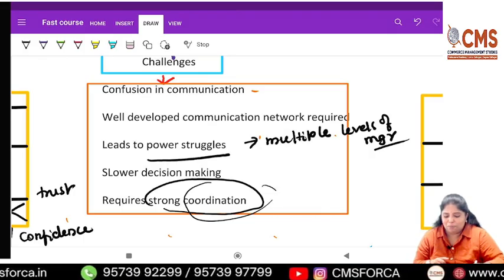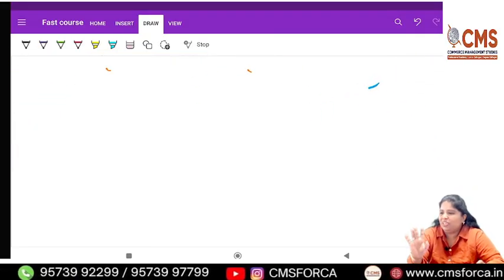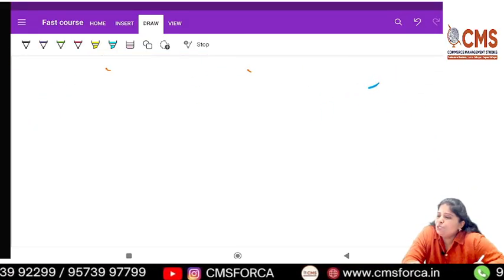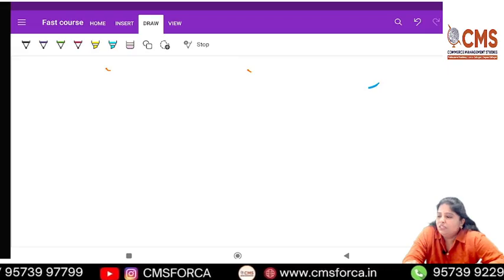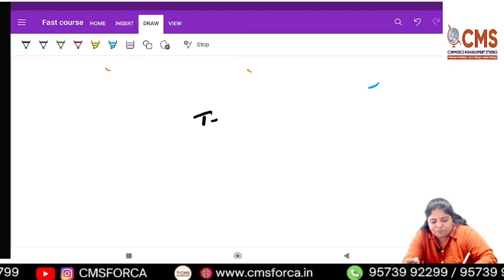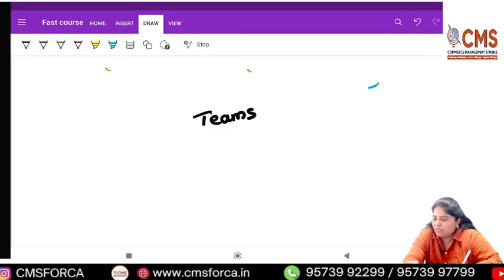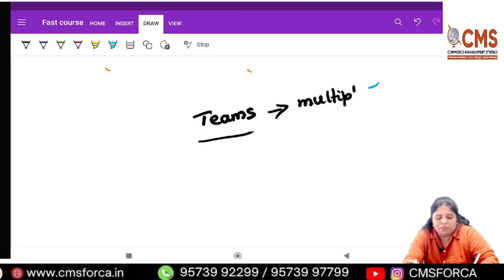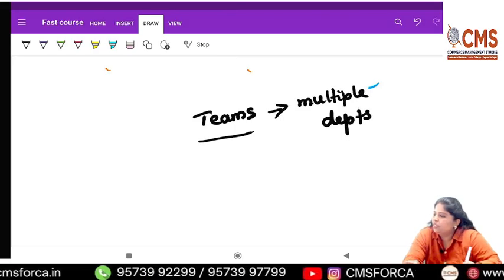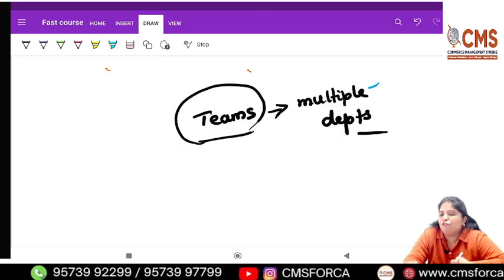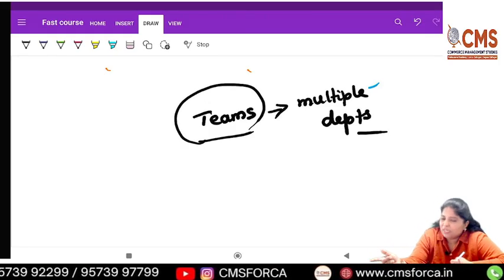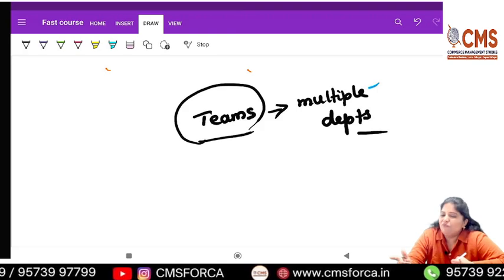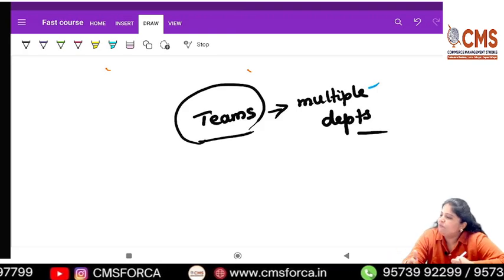Now, one key point you are not to ignore is that when you speak of matrix structure, you may form teams by pulling your employees from multiple departments. I can have a team formed from one person from production, one from marketing, one from finance.